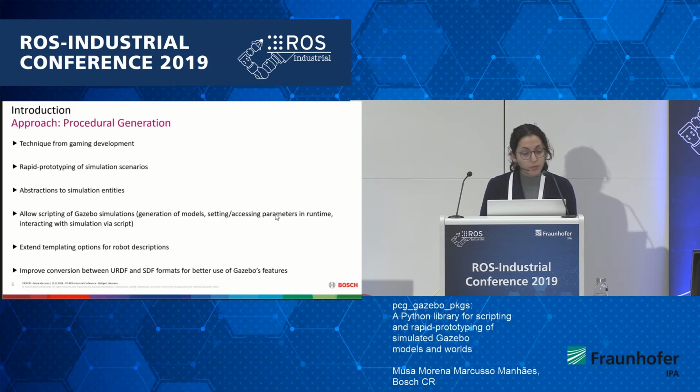And improving the conversion between URDF and SDF, which might be deemed useless as soon as SDF 1.7 comes out, but it's still very useful when you want an intelligent way of stripping all those Gazebo parts. You write your whole description in SDF, and then you put just the essentials in the URDF file, so it's a little clearer what is happening during these conversions between formats.